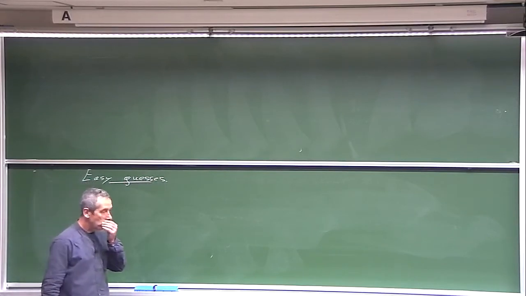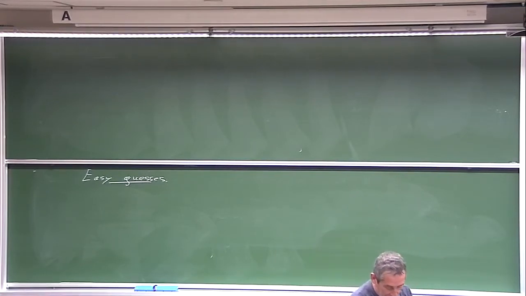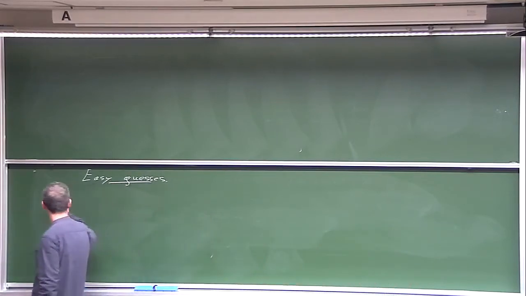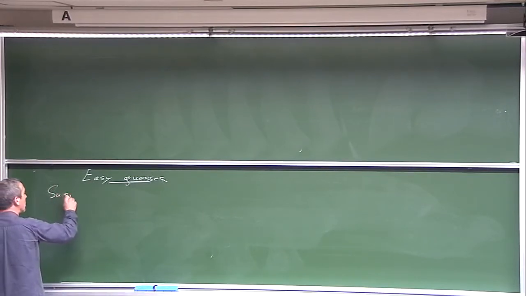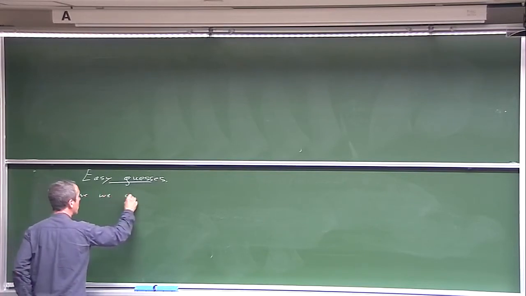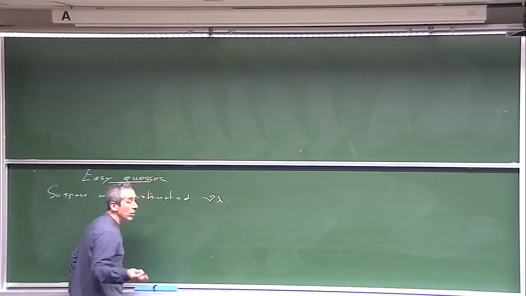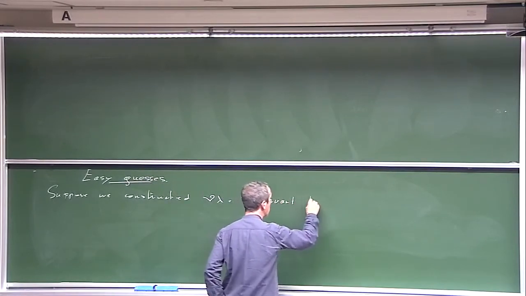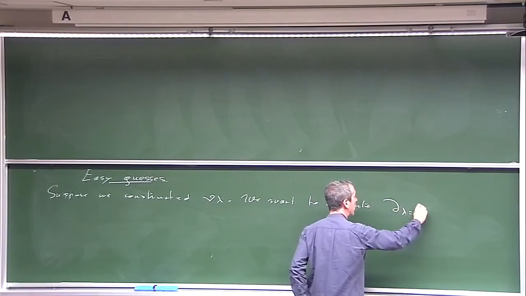So I erase the thing about computing the mobility, but okay. Now, suppose that we were good enough to find a steady state. So suppose we constructed mu lambda, and now we want to compute the derivative at lambda equals 0 of mu lambda.